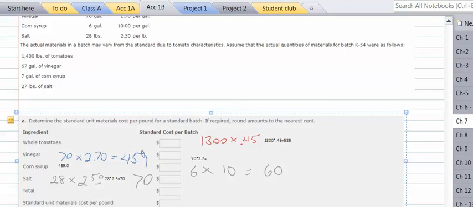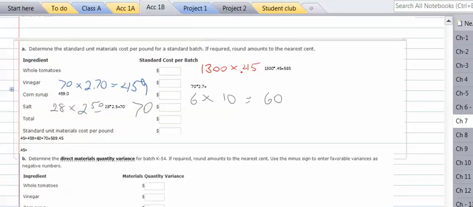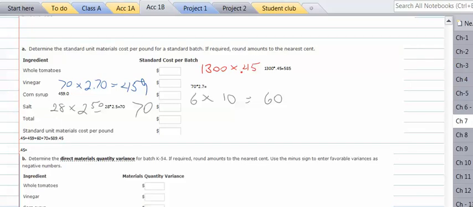These are our standards. Now, for the total standard cost, I need to add them together. So I'm going to take 0.45 plus $459 plus 60 plus 70 and that looks like it's going to be $589.45 for my total.